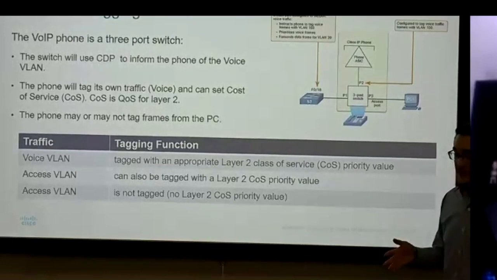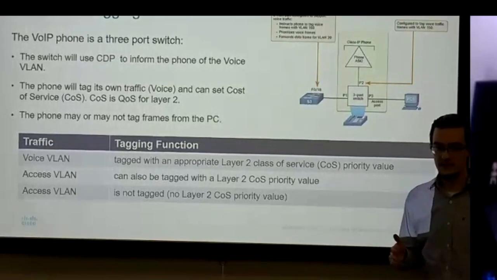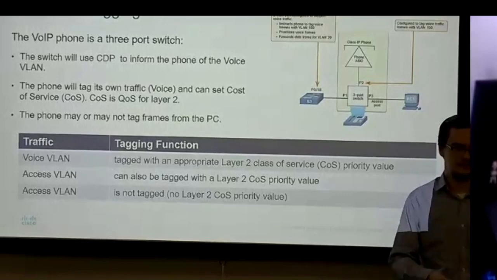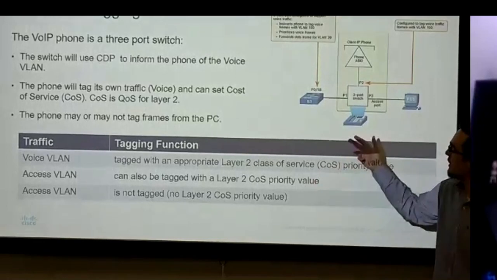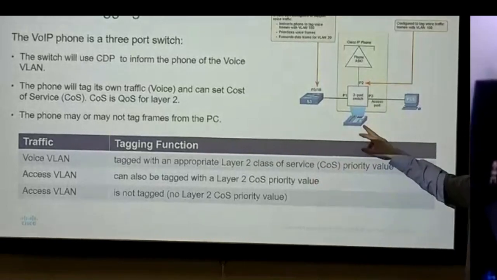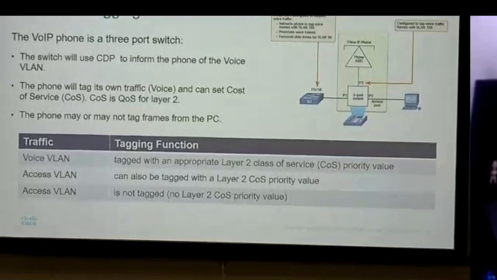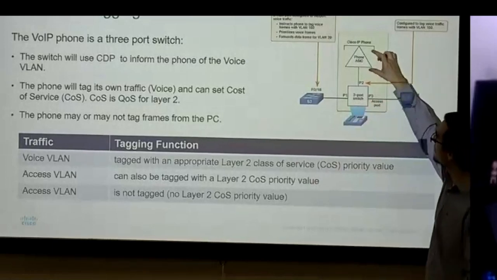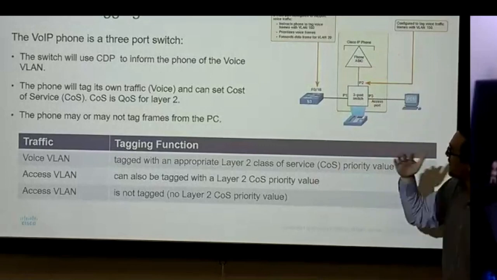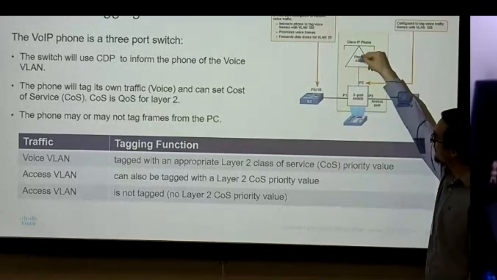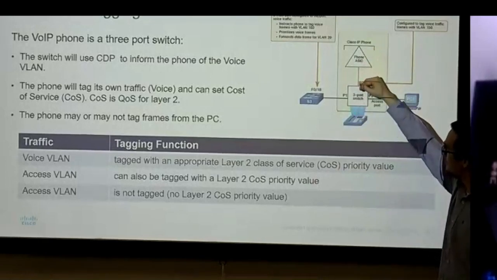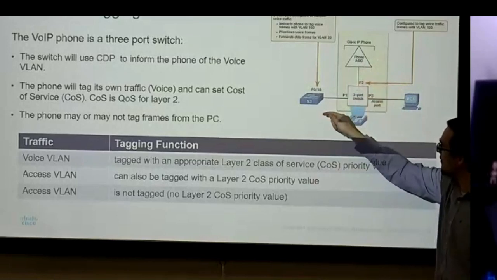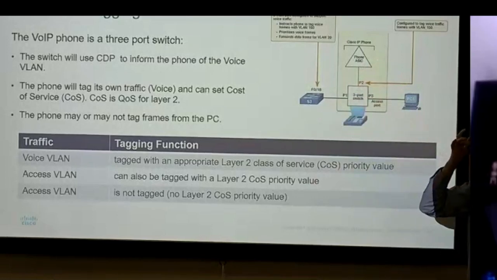CDP is used for more than just discovery. It actually manages some of the communication between the VoIP phone and the switch. The phone via this switch, your voice waves come through, they're tagged in the voice VLAN, and then it's sent that way.